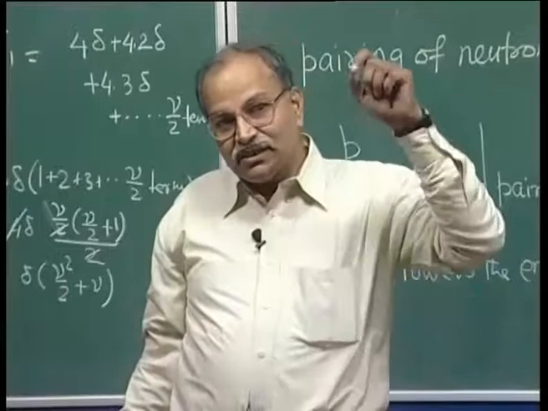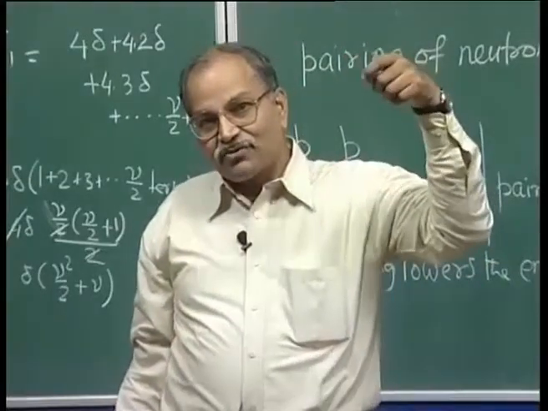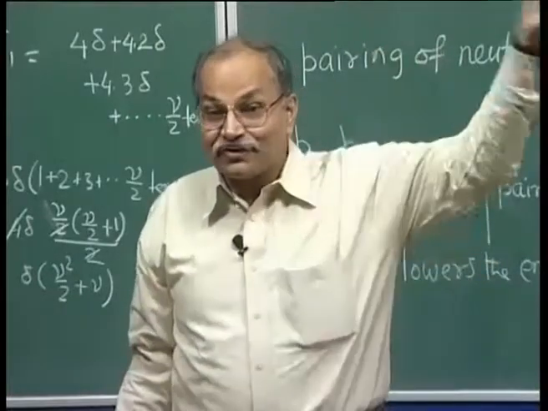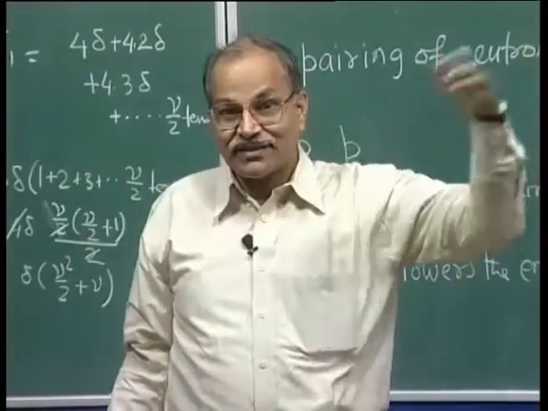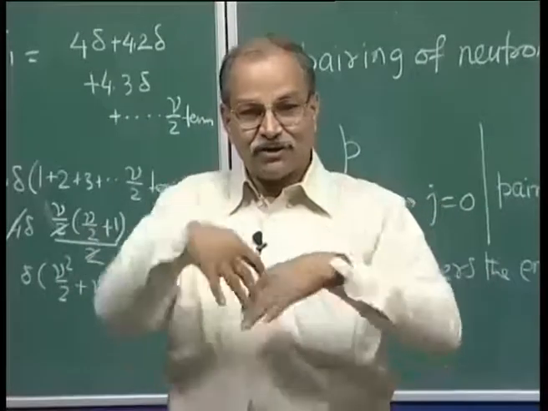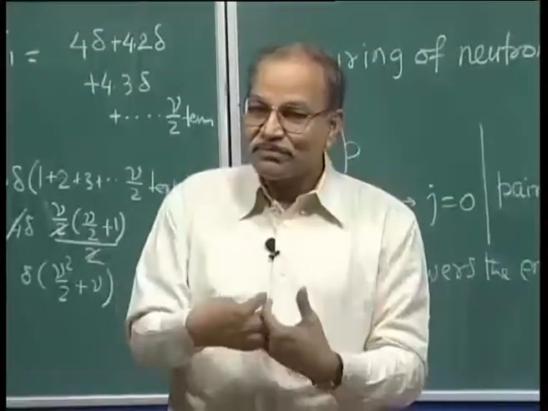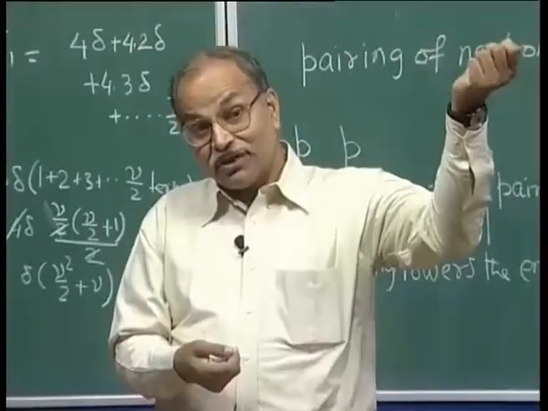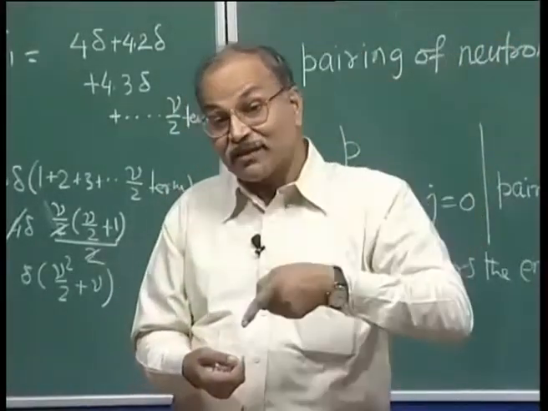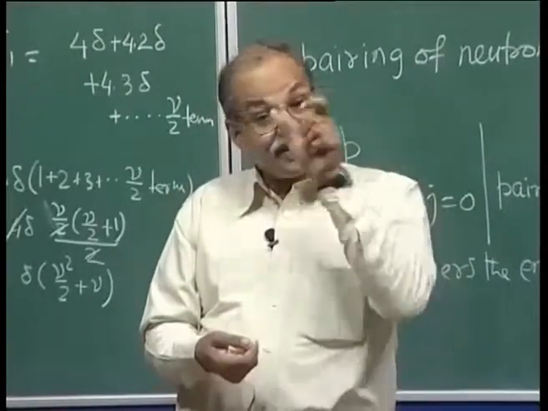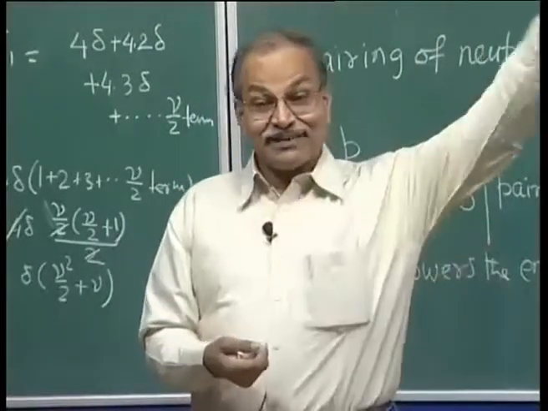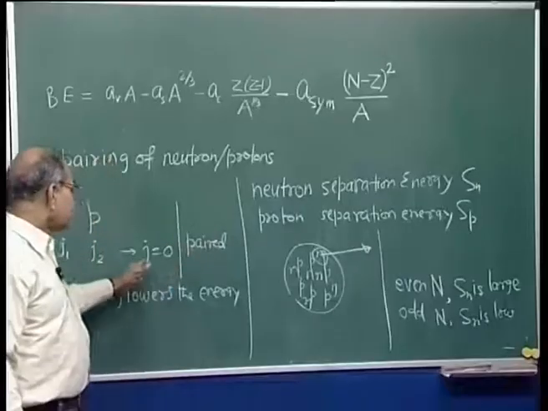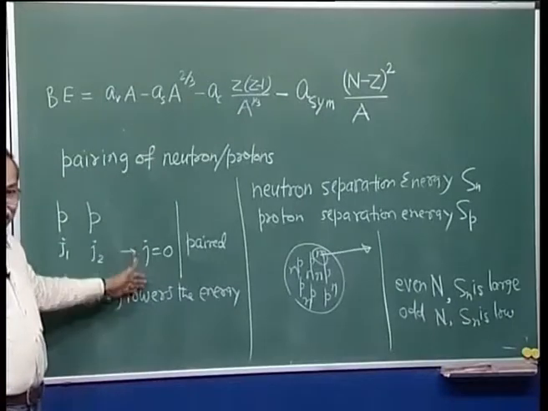So, this last neutron, which is unpaired, will consume less energy to go out of the nucleus, whereas if N is even and all the neutrons are already paired up, then it will be difficult to take a neutron out because you have to first break the pair. For breaking the pair, certain energy is needed, and then you have to take one neutron out. So, that pairing lowers the energy.